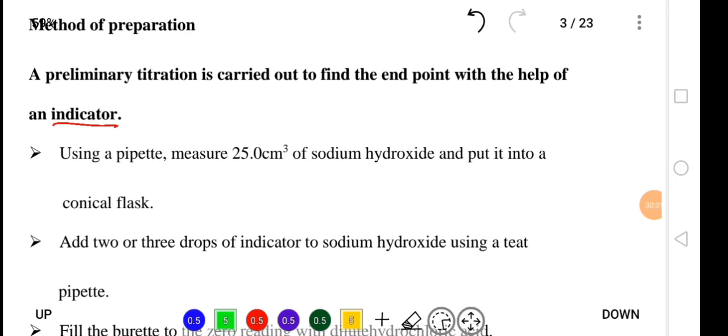So, the first step, we are going to pipette or measure 25 cubic centimeters of sodium hydroxide and put it in the conical flask. From there, you are going to add 3 drops of your indicator to the sodium hydroxide.